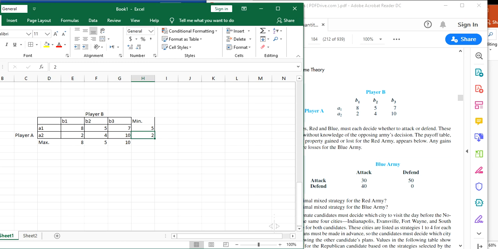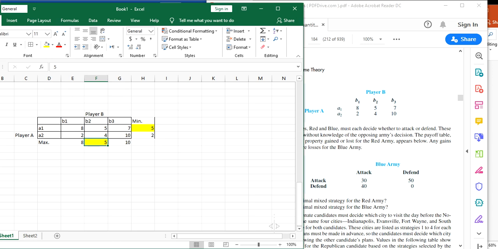Now the highest minimum is 5. The lowest maximum is 5. So this indicates a pure strategy.